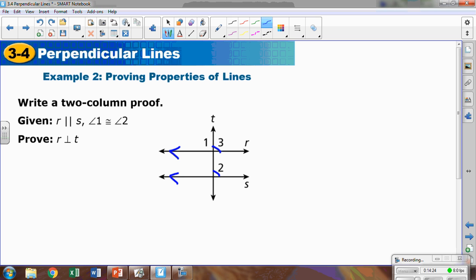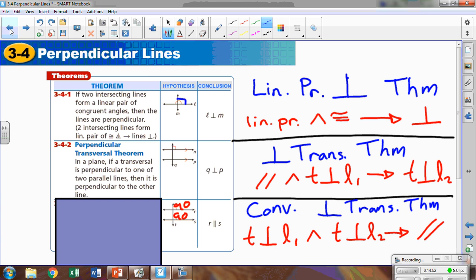Because of our given, we know that angle 1 is the same as angle 2. And then make an observation here. You see that we have a linear pair where the angles are the same. That's perfectly set up for the linear pair perpendicular theorem. That's where we'll get our perpendicular. We're setting it up to use the top one.